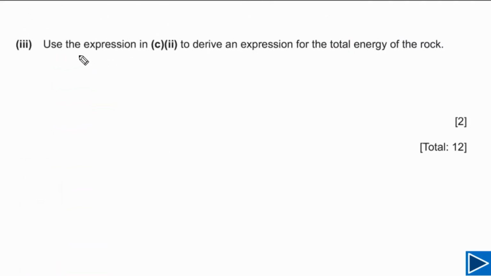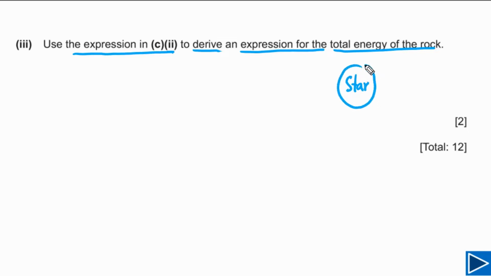For the last part, the question is asking us to use the expression in the second part to derive an expression for the total energy of the rock. First of all, let's try to understand what is total energy of the rock. So this is our star, so simply you can imagine that this one is the star and the mass of this one is capital M, and the rock is here, its mass is m, and this rock is orbiting around this star like this.